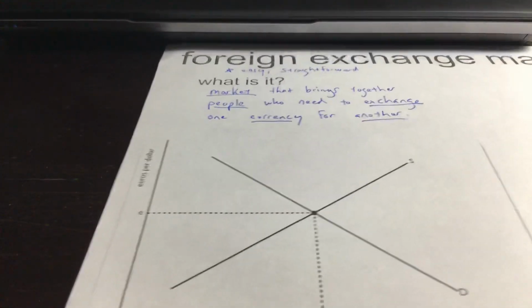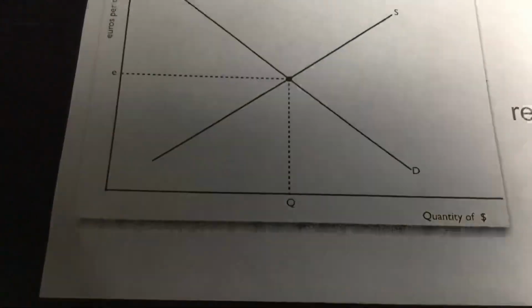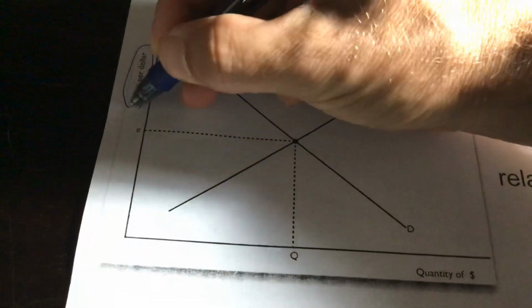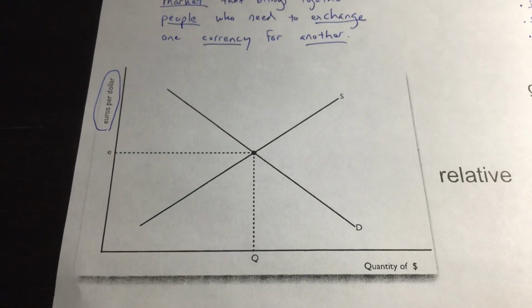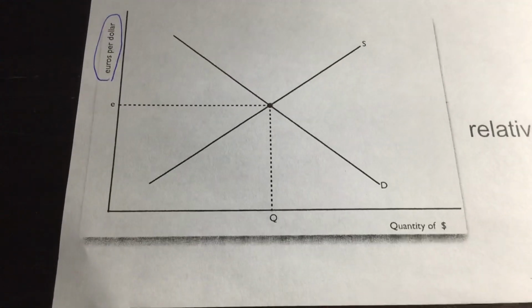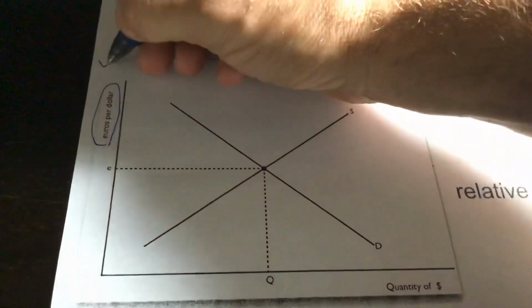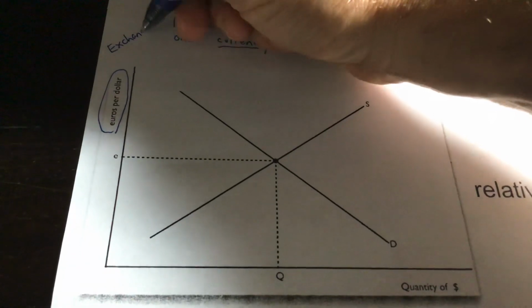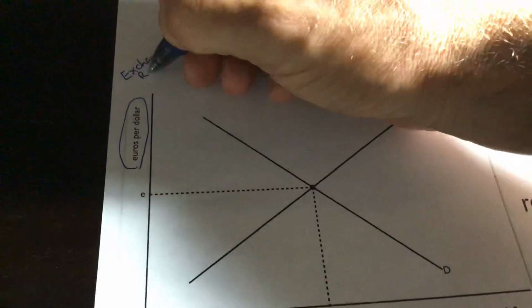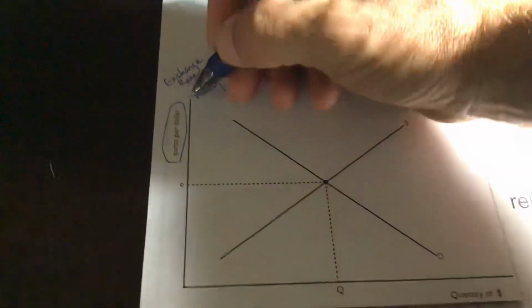Okay, so we're going to look at the graph now, all right? It's a straightforward supply and demand graph. Some things to see. Over here, on the y-axis, the up and down axis, is that x or y? Man, I wish I taught math. I'd know if that was x or y. The vertical axis is the exchange rate of money.